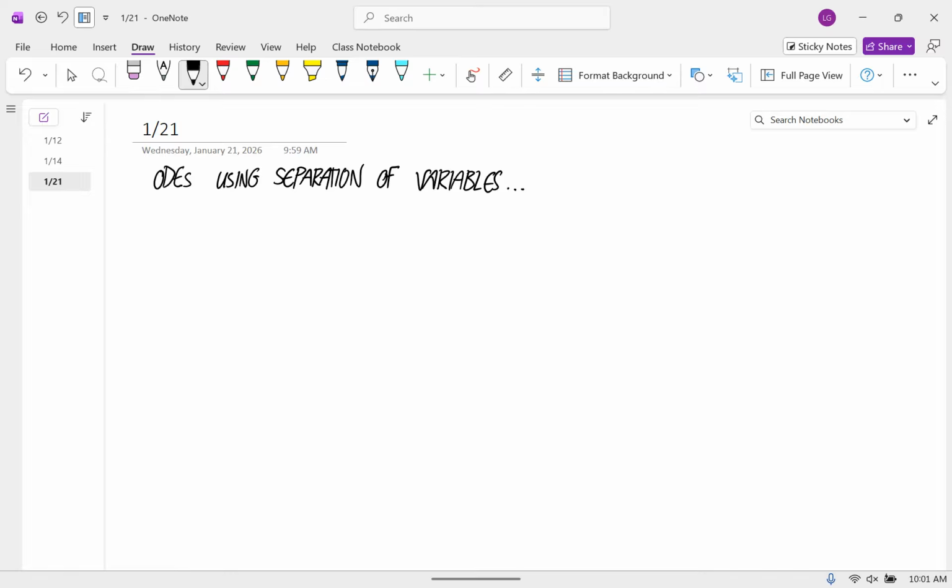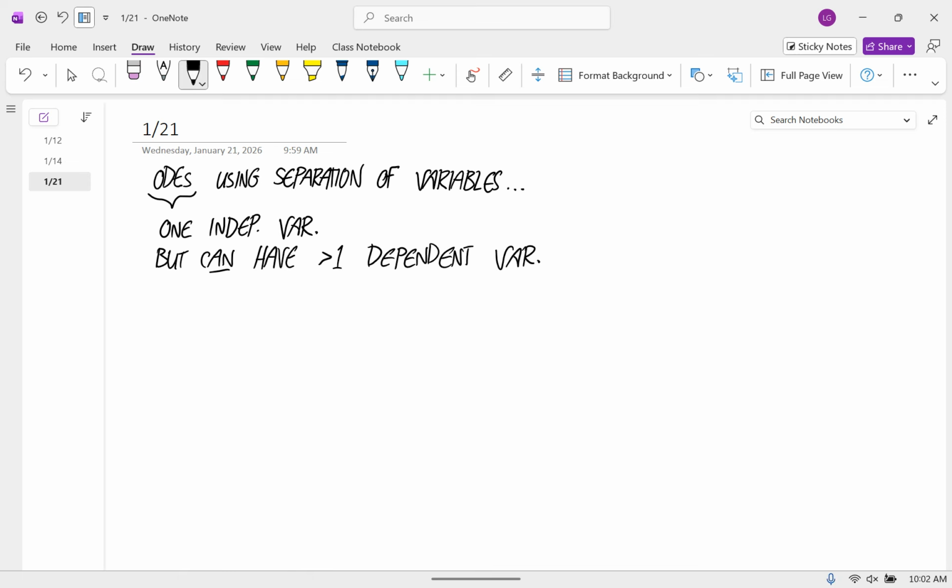So remember that an ordinary differential equation means that there's only one independent variable. But you can have more than one dependent variable. And actually, that's going to be an important thing for us.